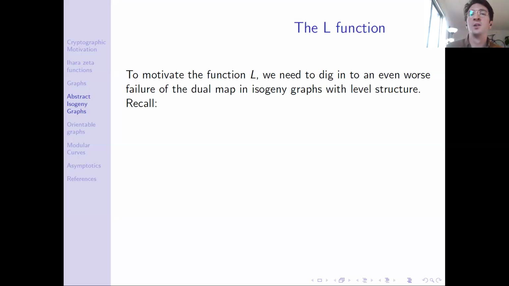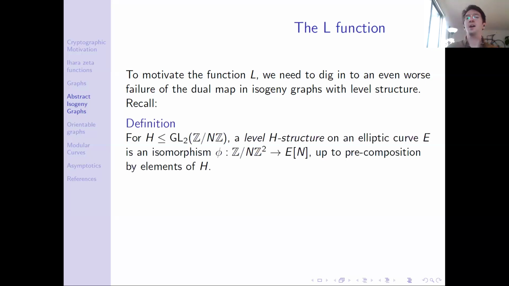So to see that, we need to dig into a kind of even worse failure of the dual map that occurs only in isogeny graphs with level structure. So we've seen that the dual might not be fixed point free, and it also might not be an actual involution on edges. But in isogeny graphs with level structure, things can actually go even worse. So to do that, I just want to recall the definition of a level structure and how isogenies work between curves with level structures.